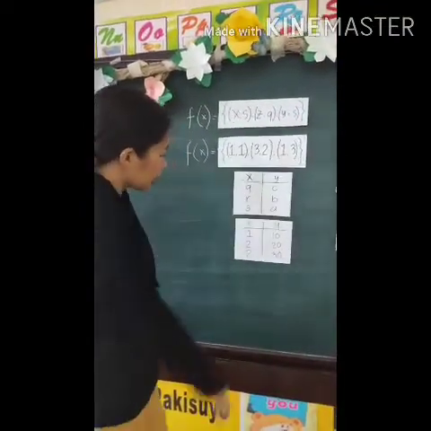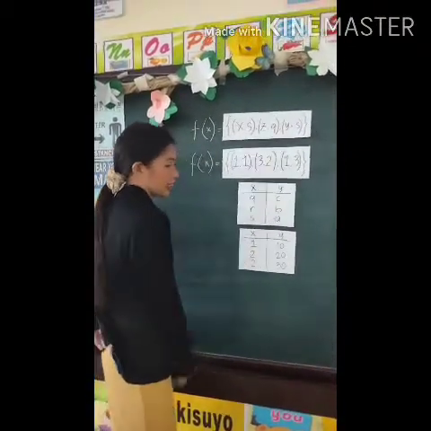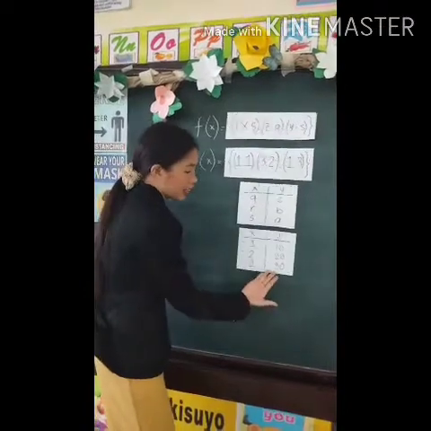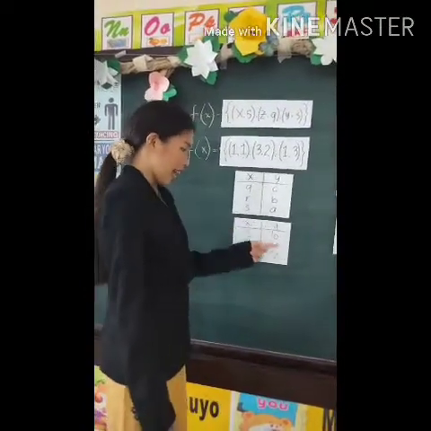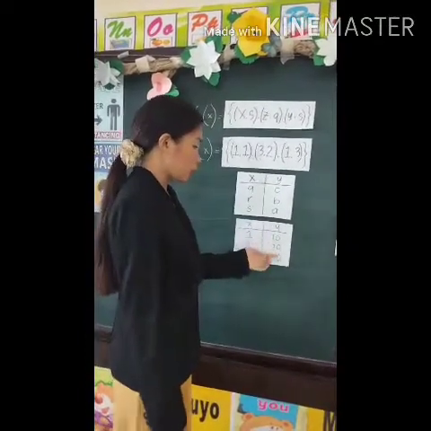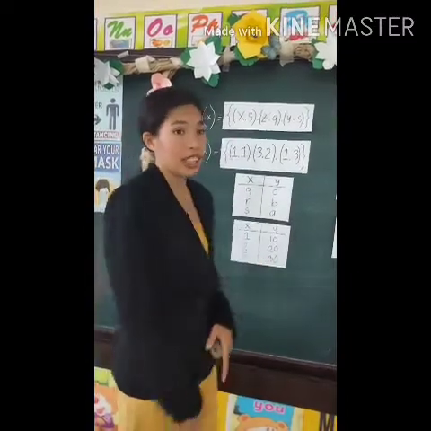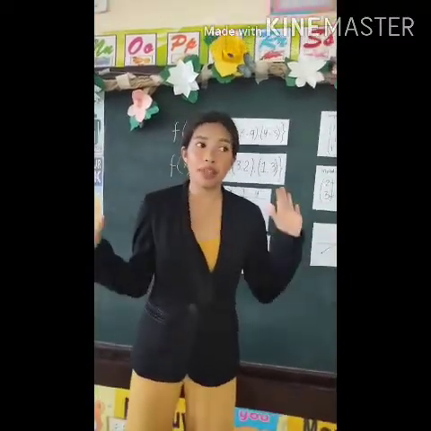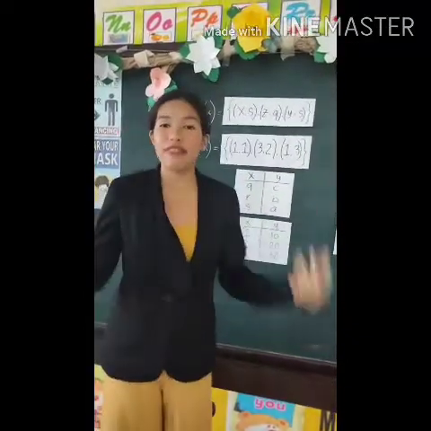While here, the inputs are 1, 2, and 3, and the outputs are 10, 20, and 30. The output of input 1 is 10, the output of input 2 is 20, the output of input 3 is 30. There's no repetition. So we call this example a function.